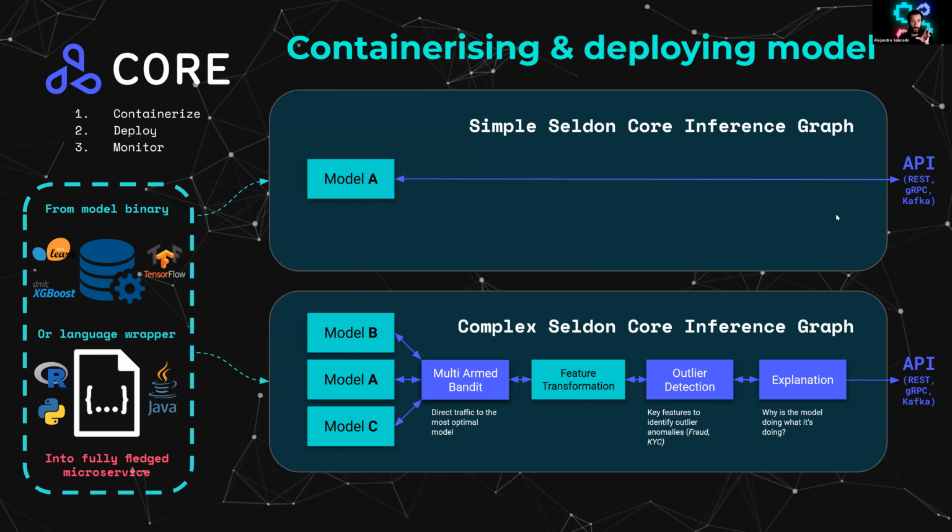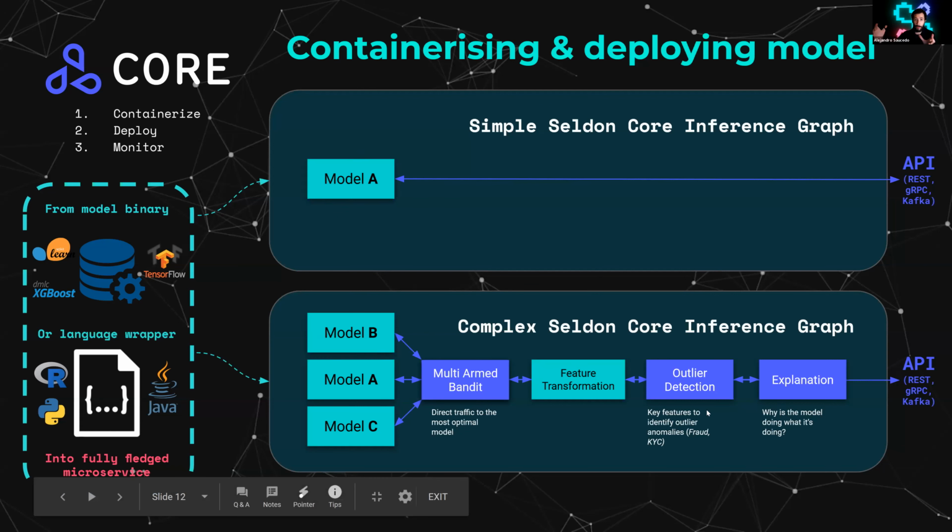So we'll see what that actually looks like from a more intuitive perspective. The key thing is that with Seldon, not only are you able to convert, containerize a model and deploy it with a single API, but you're able to actually build complex graphs as part of your infrastructure.